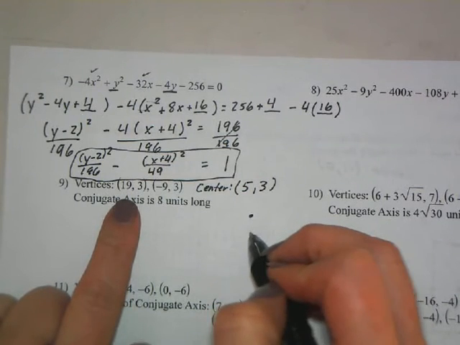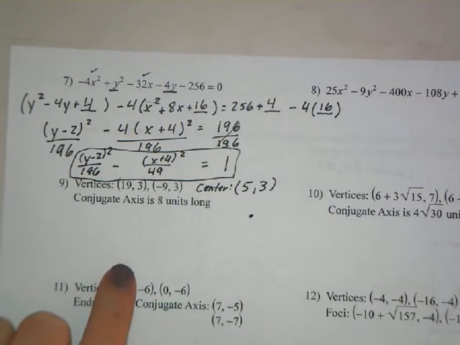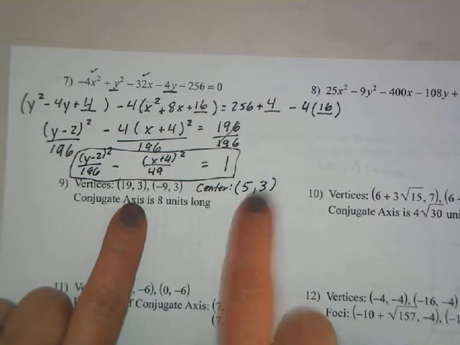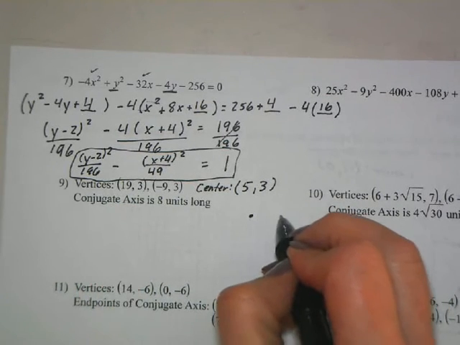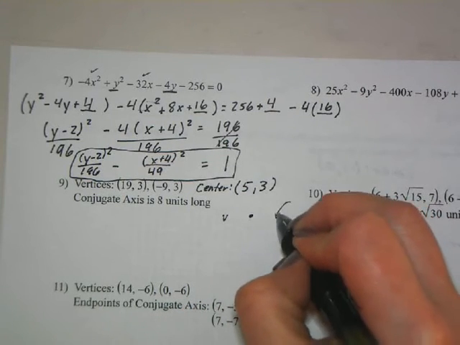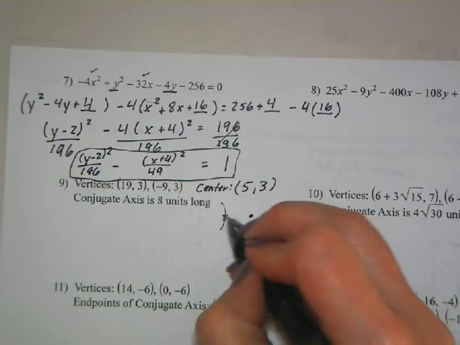The vertices, are they changing from the center by going left and right or up and down? What changed? The x values, right? So that's left and right. So over here's a vertex, over here's a vertex, which means I have one that's doing this.